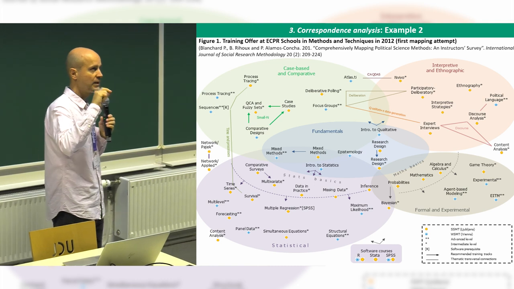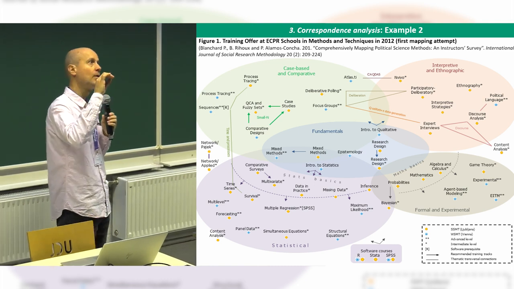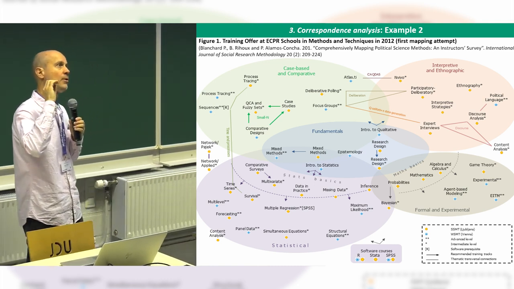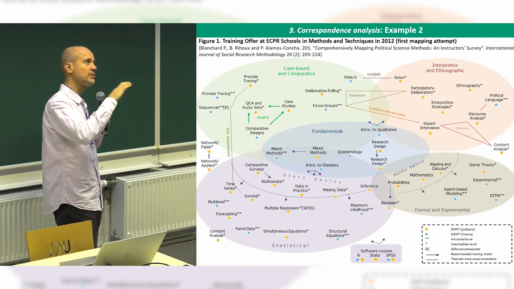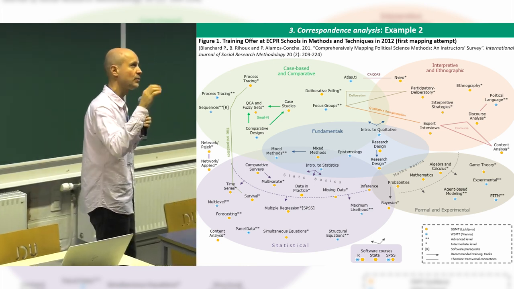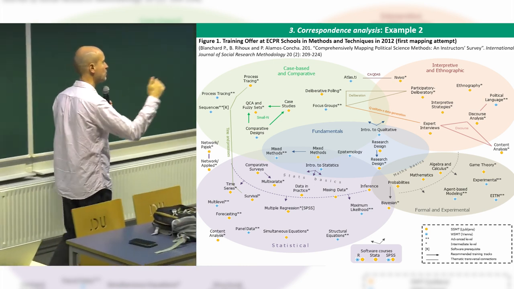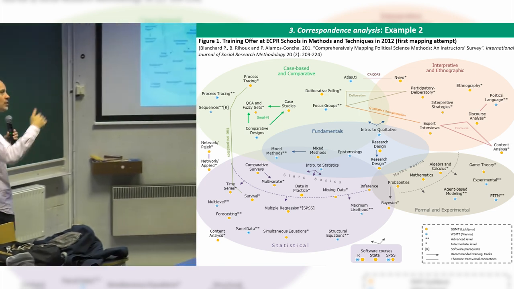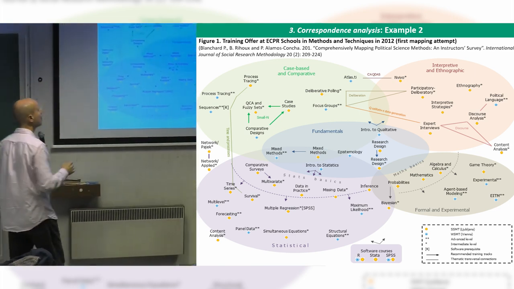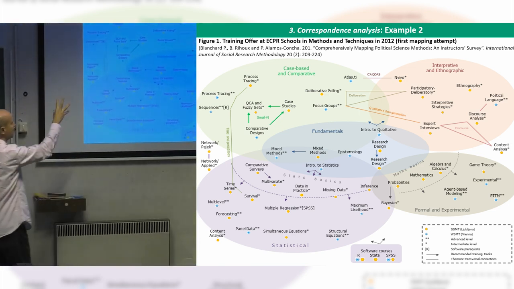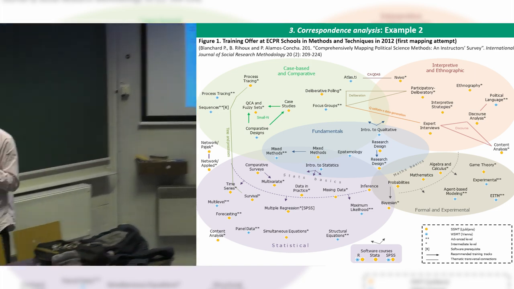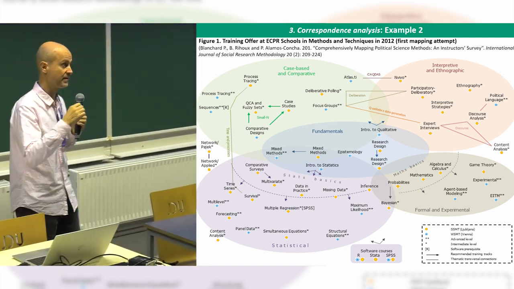Initially, we wanted to provide a map for attendees to the schools to orientate themselves among those different methods and choose what's best for them in a certain order, see what's close, see what will take some time to travel from A to B. And I built that, and then there were discussions like, oh, I'm not sure I stand there.